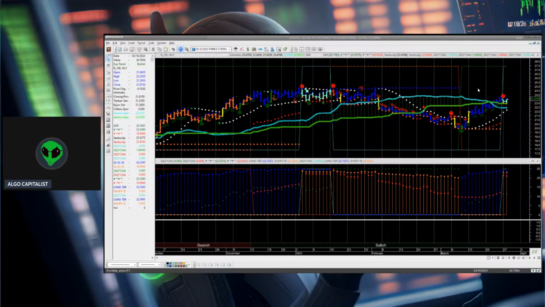When you're looking at the algo charts, the trend is broken down in two sections. First, you have the bottom here, which is your long term trend. Then you have your trend momentum readings, which is the green line or the red line. The green line is a bullish trend momentum reading. A red line is a bearish trend momentum reading.